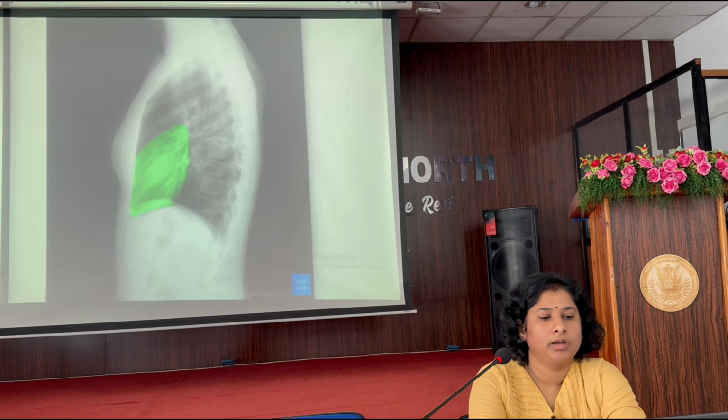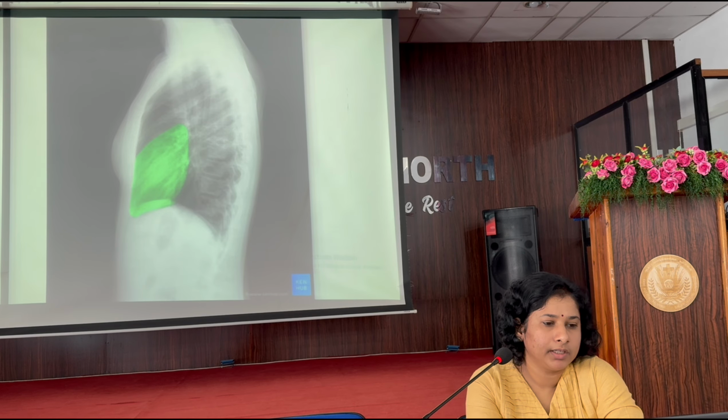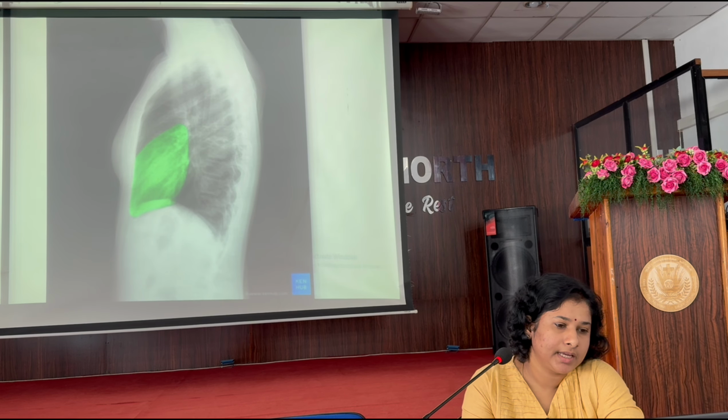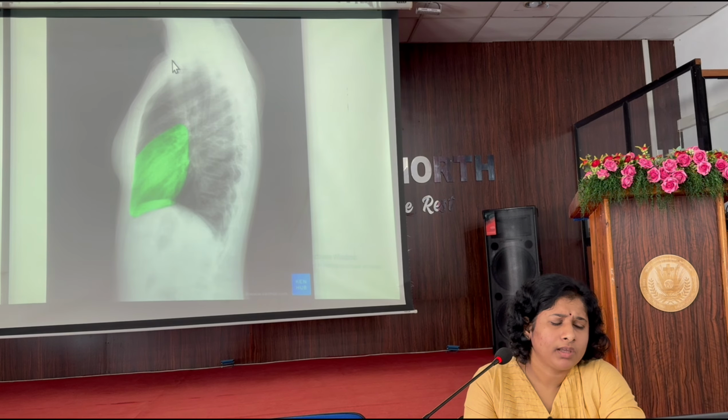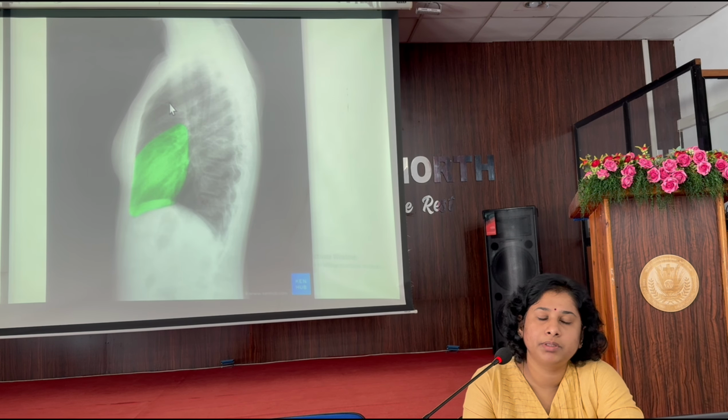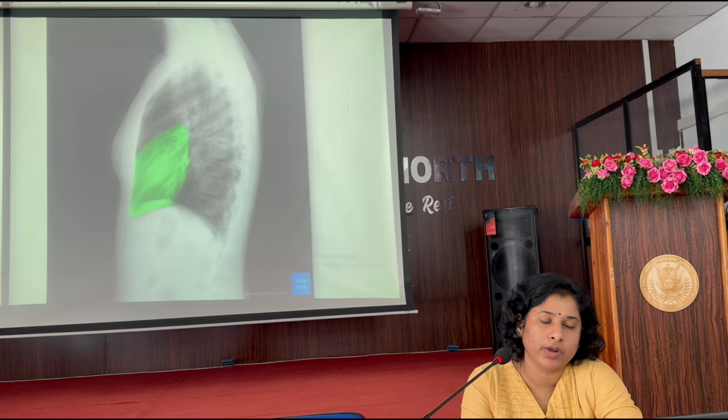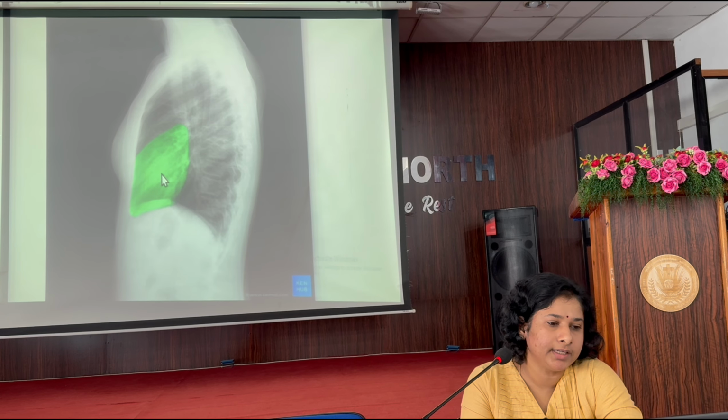So I have discussed something about the PA X-rays. This is the lateral X-ray. Most of the time we learn how to read a PA, posteroanterior X-ray only.